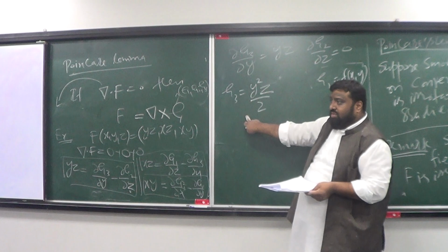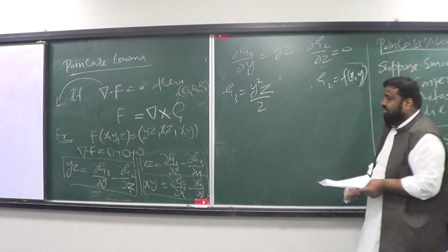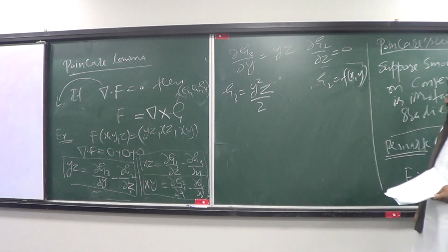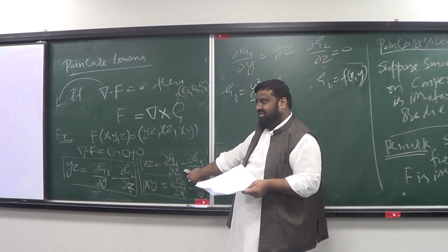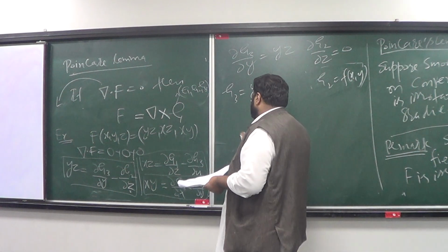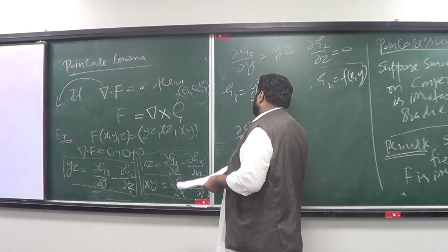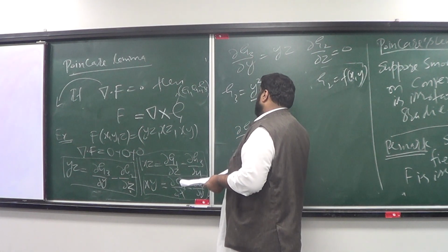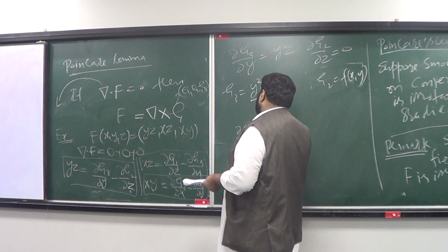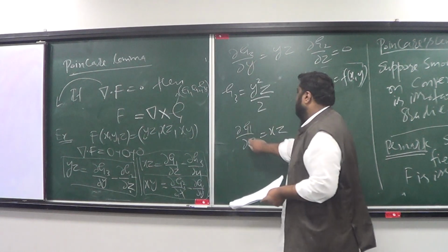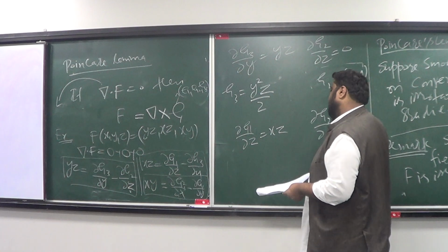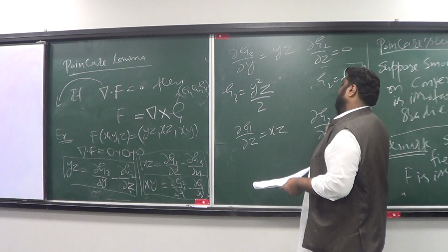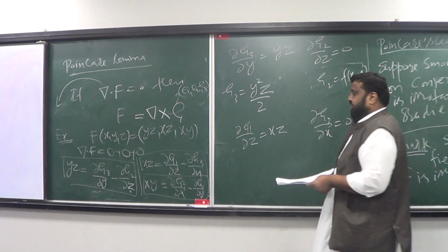So I got a third component G3, so I need to figure out G2. So how can I do it? So I can play the same game here. Okay? So take partial G1 by partial Z to be xz, okay, and partial G3 by partial x to be 0.